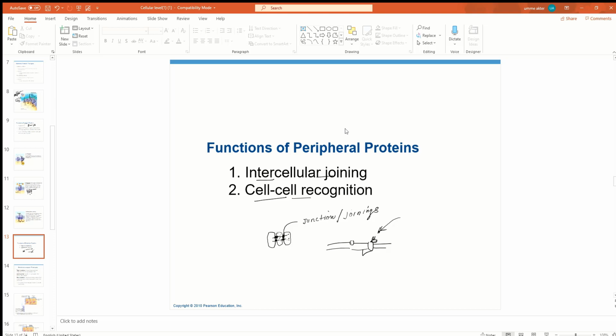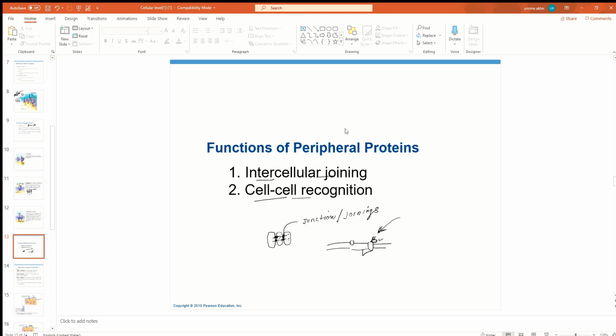And after the peripheral proteins detect the cell, then it can accept or reject. In most cases, your body doesn't accept another person's tissue or cell, because your cells can detect if the cells are from your own body or from outside.